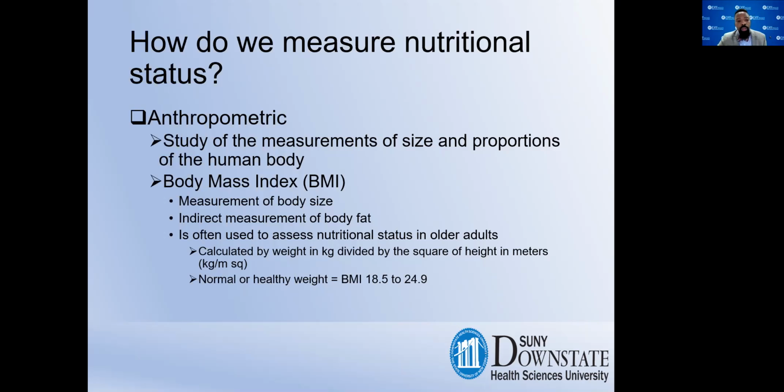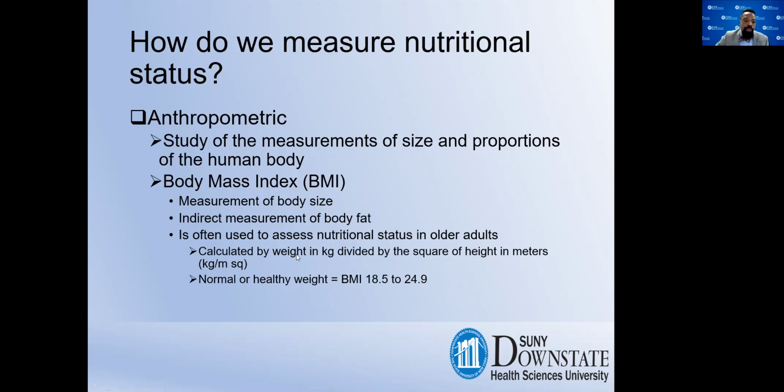We use this term anthropometric, which is a great term. It's the study of the measurements of the size and proportions of the human body. And one way to assess that is the BMI, as was just mentioned, right? The BMI is a ratio: the weight in kilograms divided by the height in meters squared, right? So it's a number.